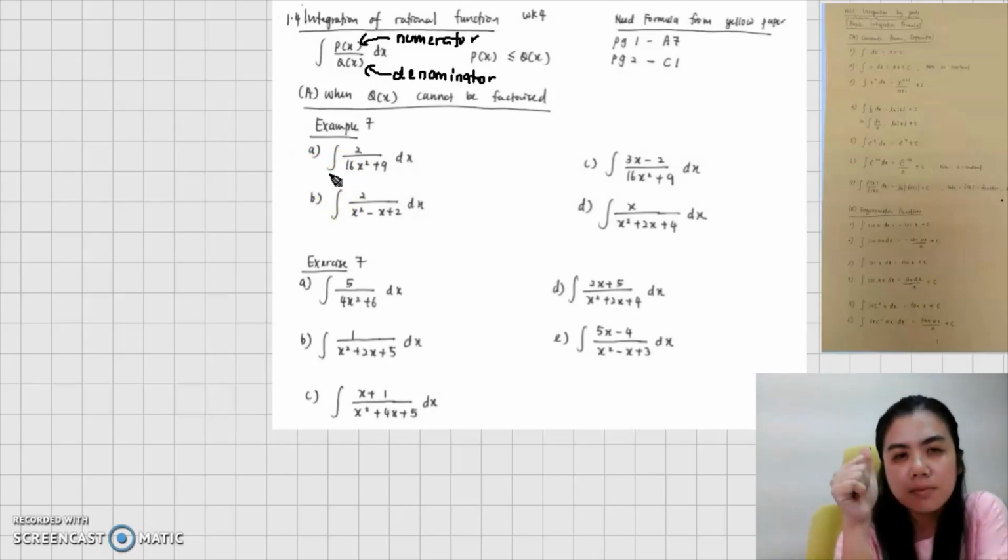Okay, the type number one is when the degree of the numerator is always less than the degree of the denominator. What I'm talking about here is the polynomial. We will have a polynomial in the numerator and a polynomial in the denominator. For instance, we have an example like this.